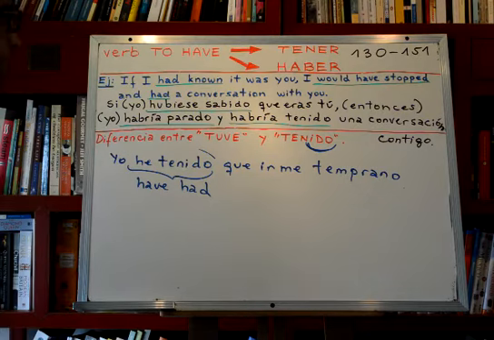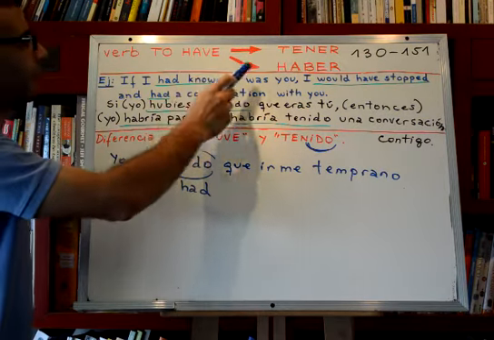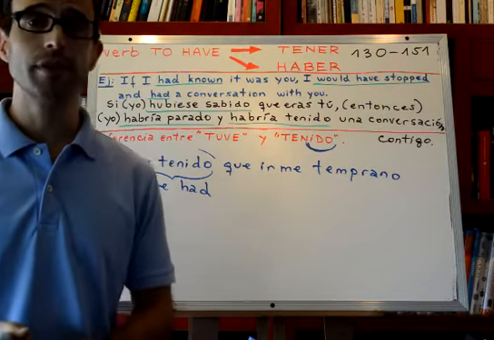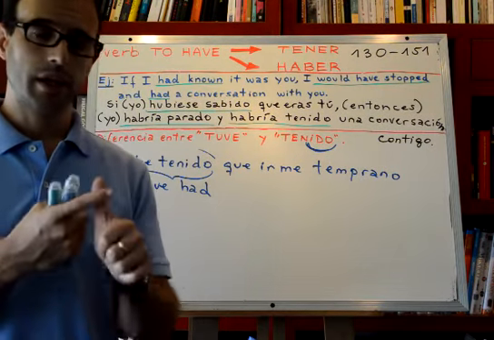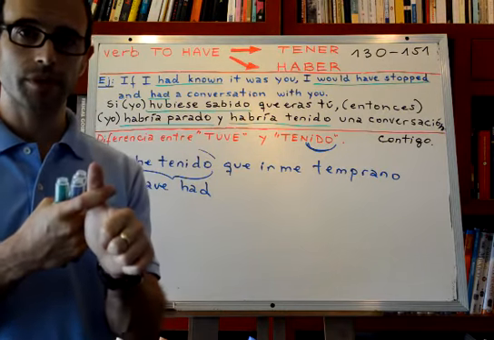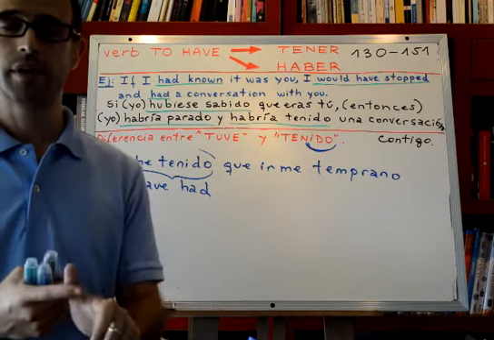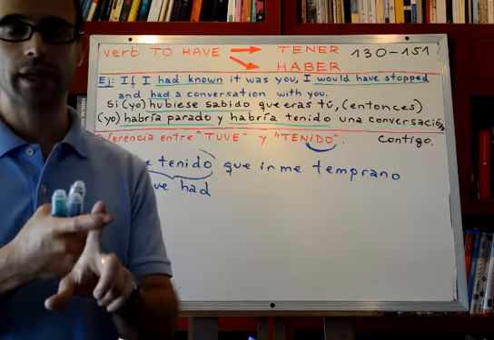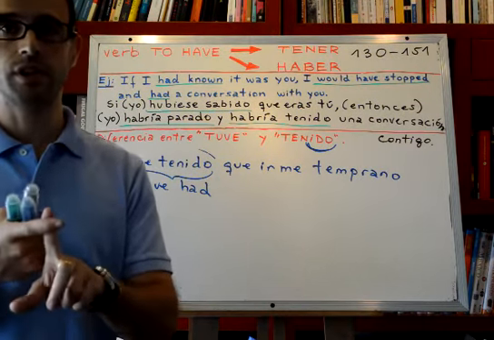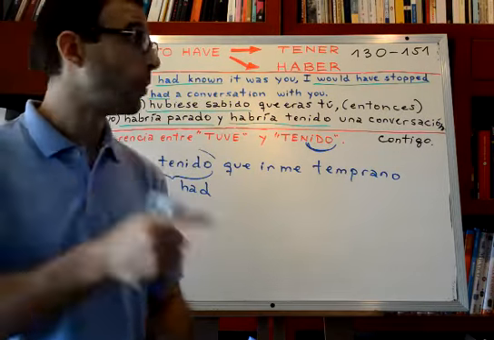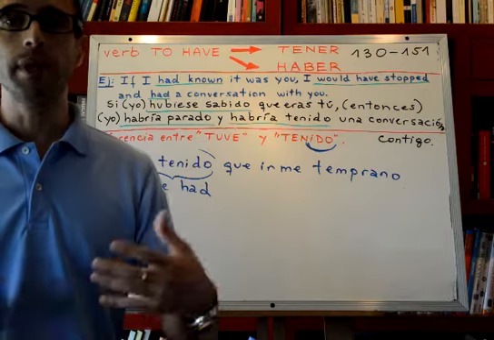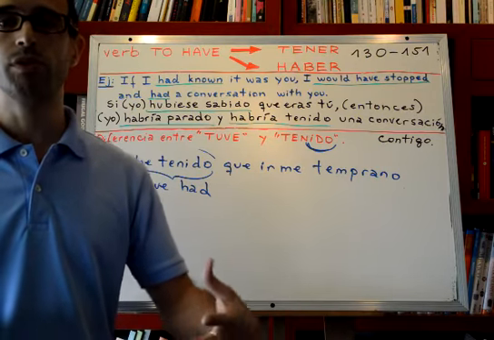One more thing, one more use of the verb to have and tener. So we said that the verb to have can mean a possession of something, like I have a car, can mean an auxiliary verb, like I have eaten, yo he comido, and can also mean an obligation, right, of having to do something.